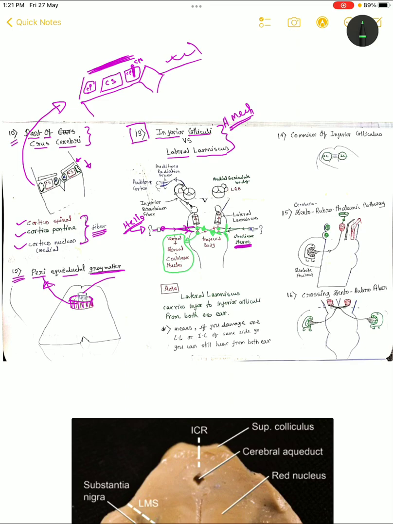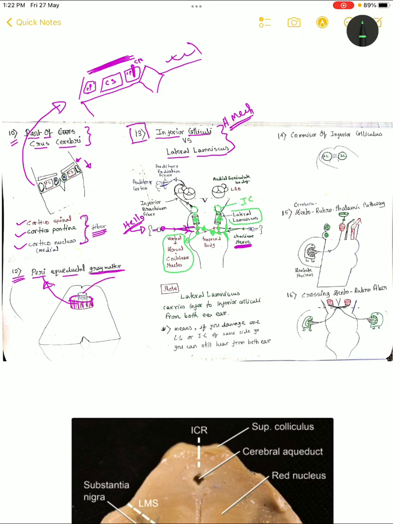Now we find these ascending fibers, and what are these ascending fibers known as? The lateral lemniscus. Where is the lateral lemniscus found? In the pons. Now you see these structures: these are our inferior colliculus. So the fibers are going to the inferior colliculus.